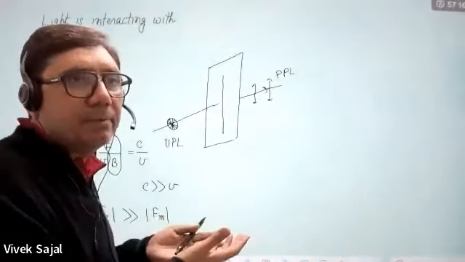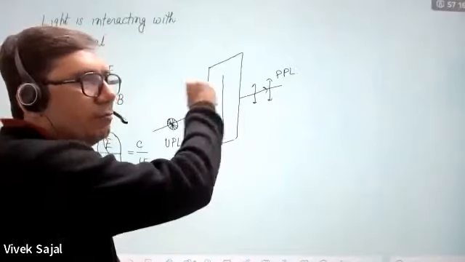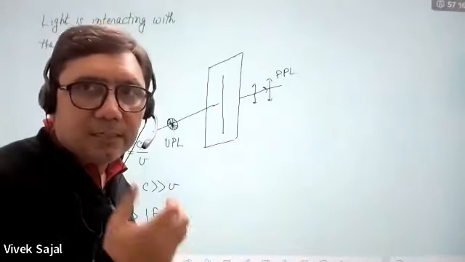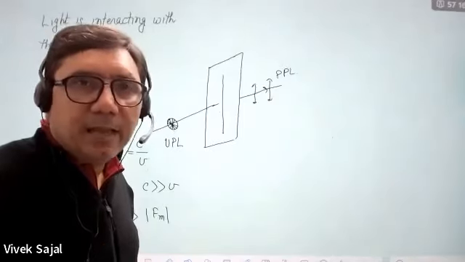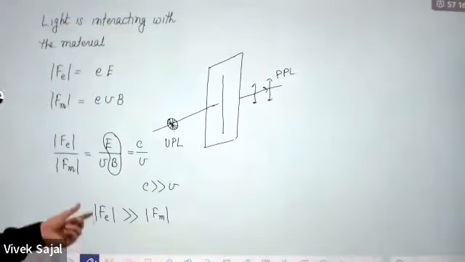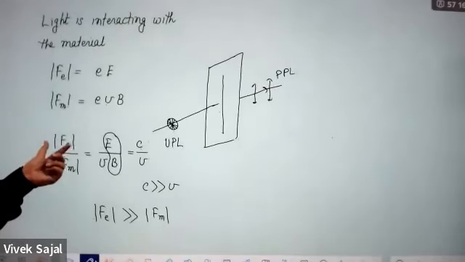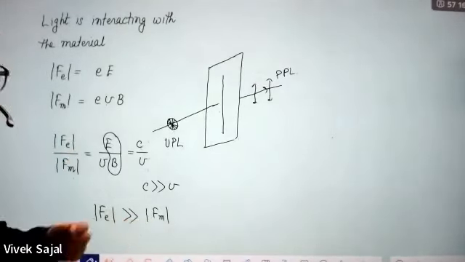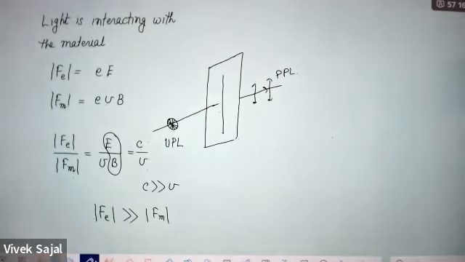So why is this happening? This is happening due to the interaction of this light with this material. In this interaction, the electric field plays a much greater part, and the magnetic force is negligible.